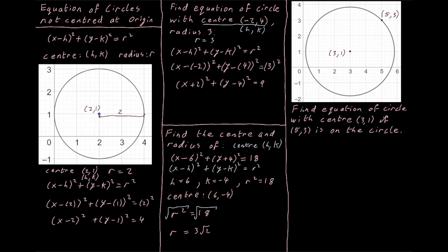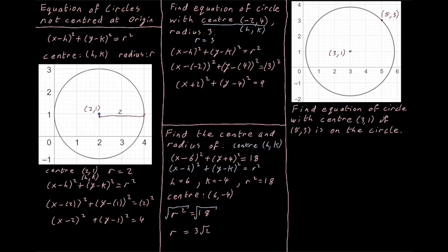Now finally I can be told: find the equation of the circle with center 3, 1 if 5, 3 is on the circle. And we have a graph of that situation here. So we're told the center of the circle is at 3, 1, and we know that the point 5, 3 is on the circle. Well, I know that the distance from the center out to the circle is always going to be the radius of the circle.